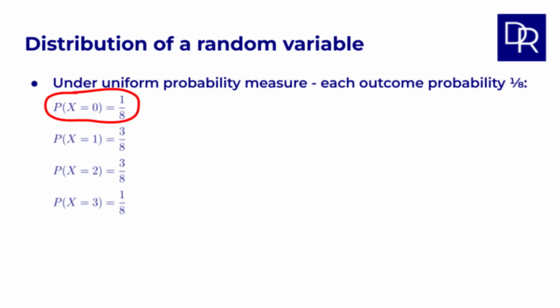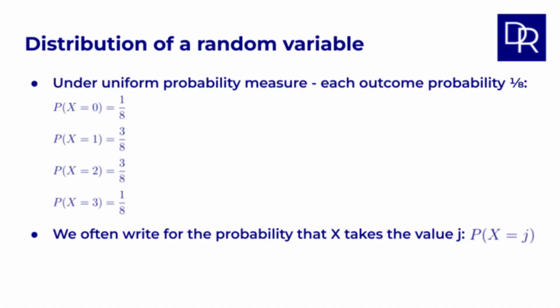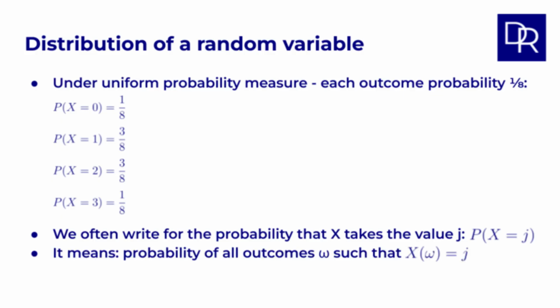So the probability of this is 1 over 8. Similarly, we can get exactly 1 head in 3 outcomes, so the probability of X equals 1 is 3 over 8. Note we often write P(X=j) as shorthand for the probability that X takes the value j. It really means the probability of all outcomes omega such that X(omega) equals j.